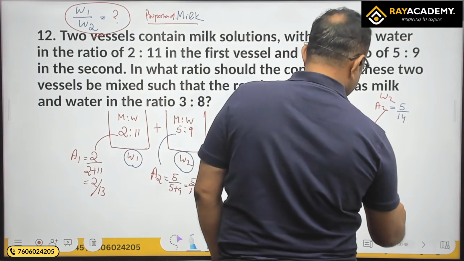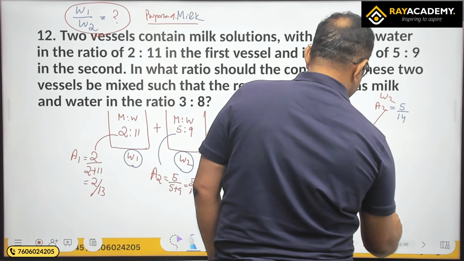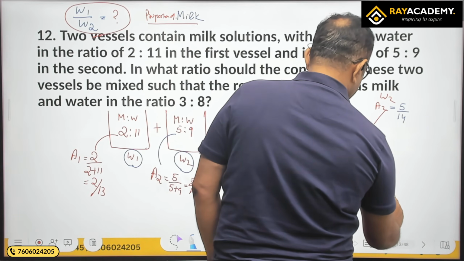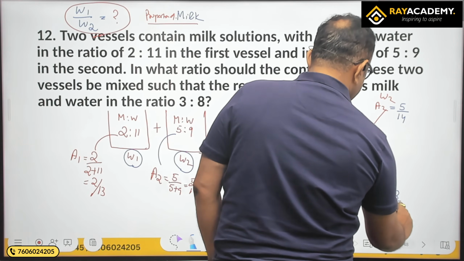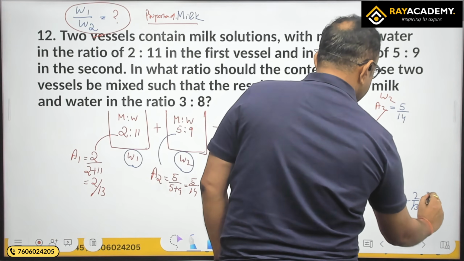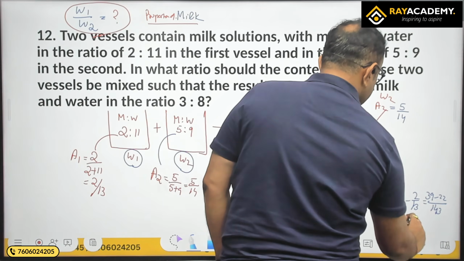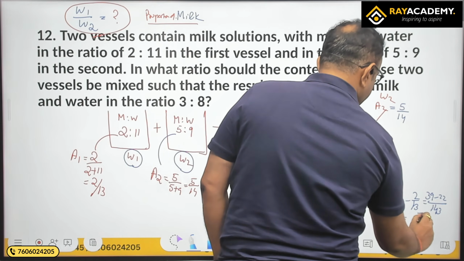Along this line, what is the difference? 3 by 11 minus 2 by 13. So you are getting 39 minus 22 by 143. So this is 17 by 143.